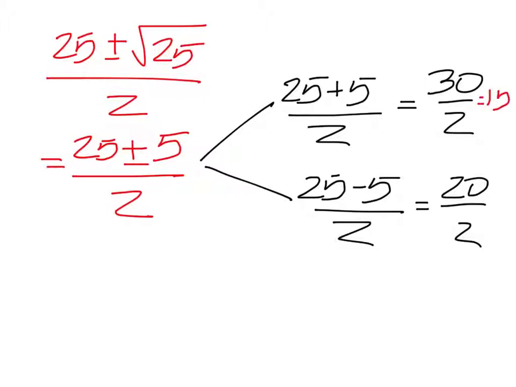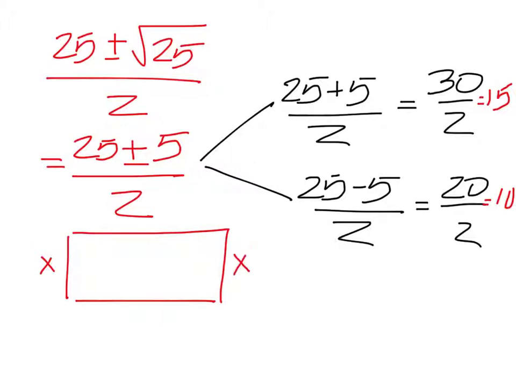of 15 and 10. We have to check those with the original setup that we had. Remember, we had the rectangle like this: x, x, y, and y. The area was 150. If I multiply these two numbers together, do I get 150?